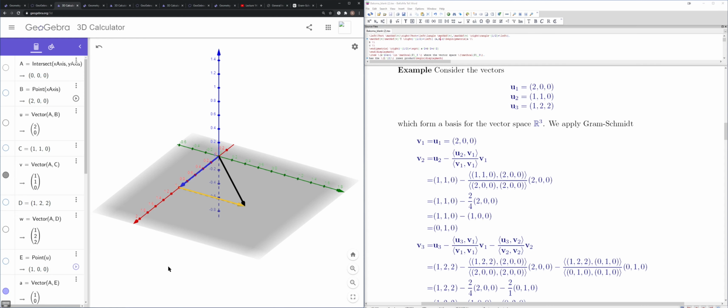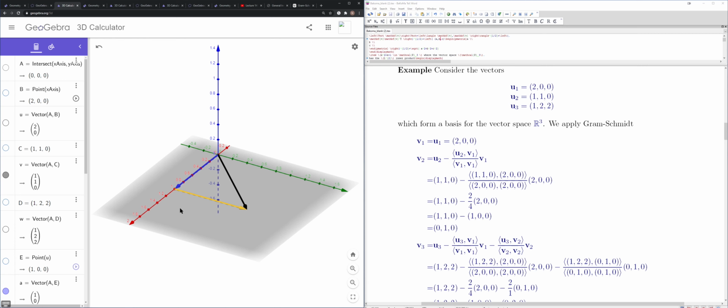When I subtract the projection of U2 onto V1, the blue one, from U2, in other words the negative of the projection plus U2, it gives me this yellow vector here. And this yellow vector is V2.